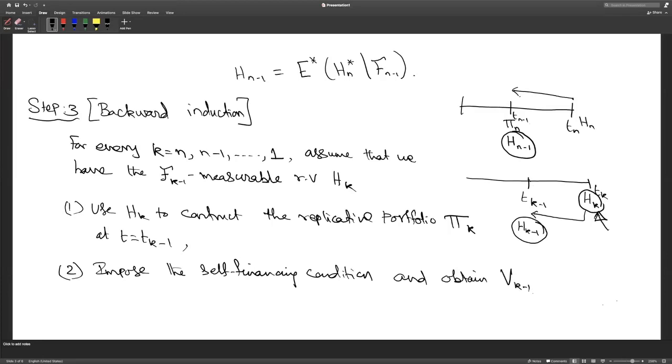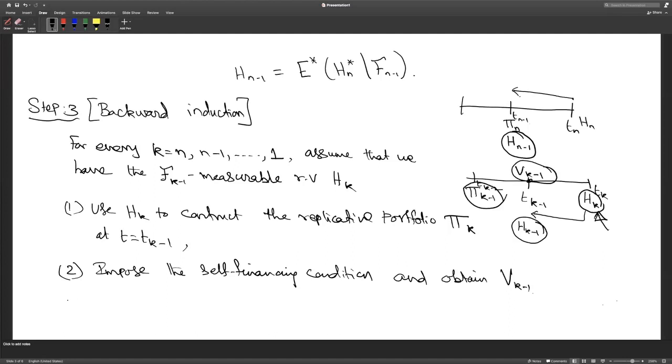That is the value of the portfolio pi k minus 1, which was built at Tk minus 2, that you will find the value at Tk minus 1. So you don't need to explicitly construct this, because you can obtain this using the self-financing condition as we did in the nth case, and that gives us Vk minus 1.